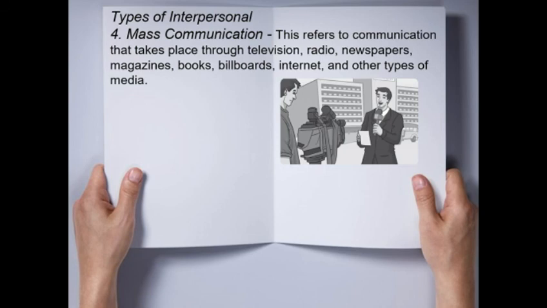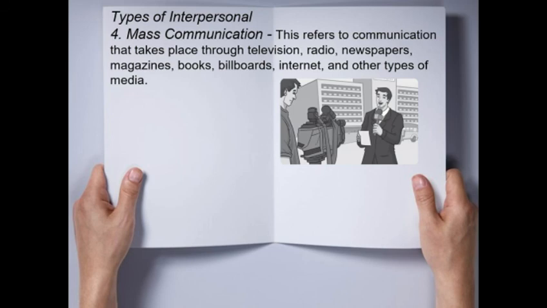Okay, mass communication. This refers to communication that takes place through television, radio, newspapers, magazines, books, billboards, internet, and other types of media. This communication involves technology that will send messages to many people through channels and other means of communication.